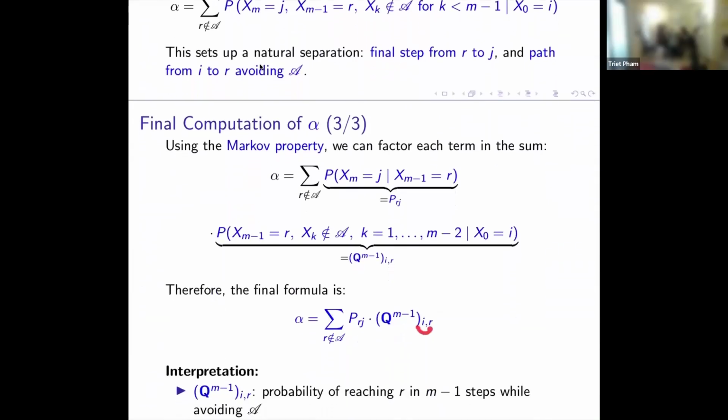Notice you move from I to R in the first n-1 steps, and you move from R to J using the P matrix, because P will see J, but Q does not. Are we okay? So that's last step analysis, not first step, sorry, because the last one, the final state, is troublesome, not the first state. Any question here?